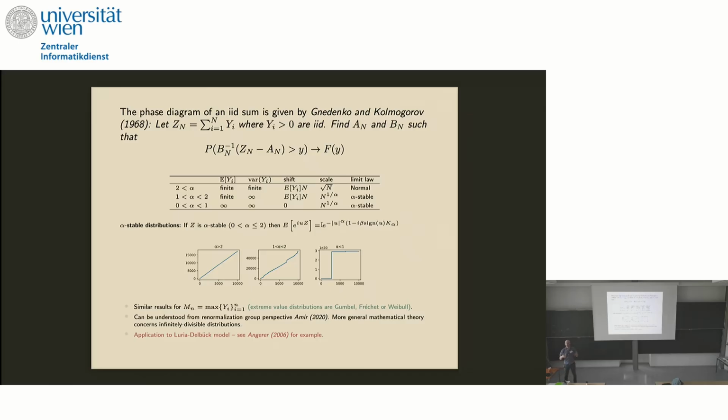Of course, there's much more to the Luria-Delbrück distribution, and it's subtle how you do the limits, because remember, I'm taking a large population, but I want to take the mutation rate small. So there's a lot more to Luria-Delbrück than just stable distributions, but it's hidden underneath there.